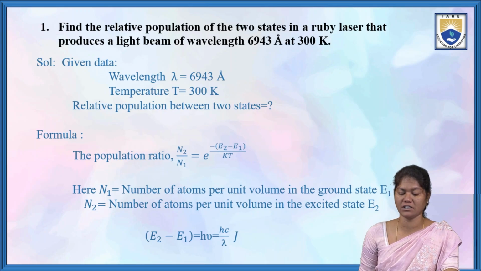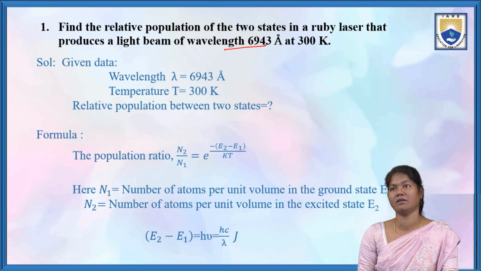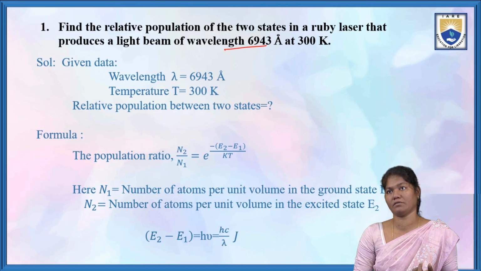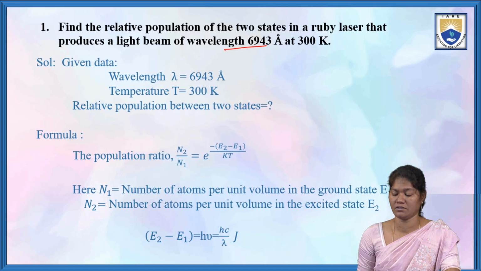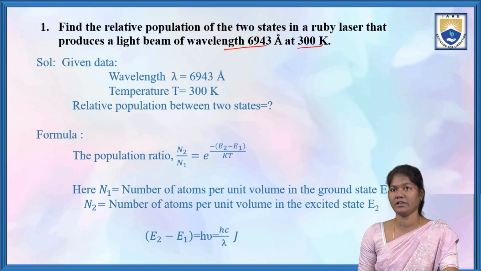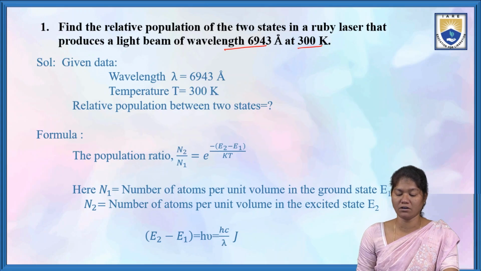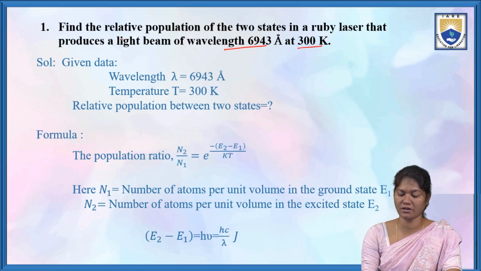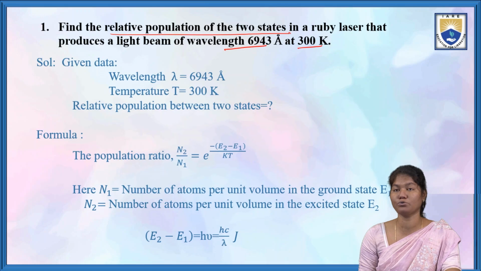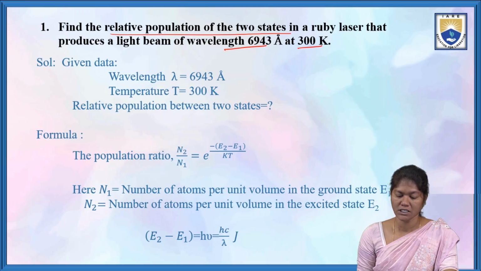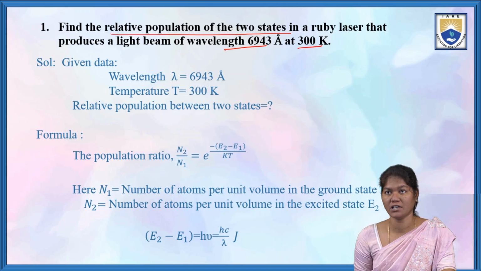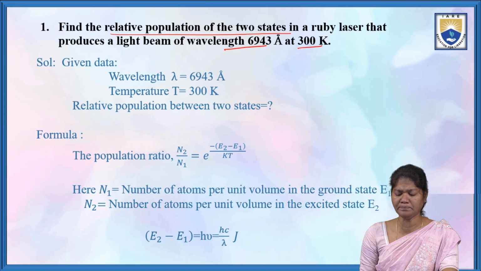The given data is wavelength and temperature, 300 degree Kelvin. What we have to find is the relative population of the two states, for the ruby laser.